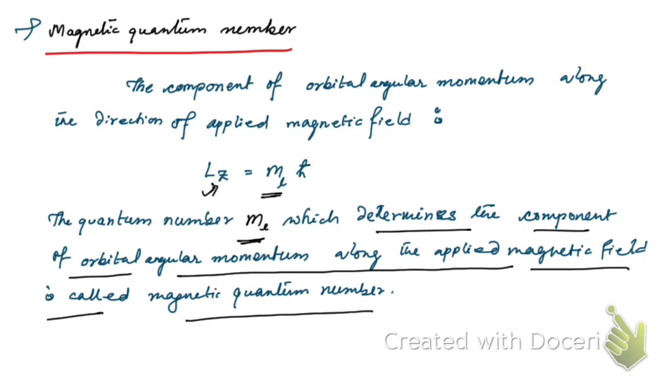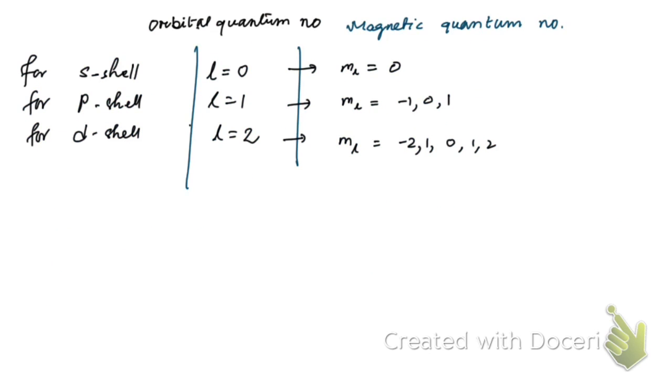Now let's see the quantum numbers for s, p and d shells. As I have already told you, these are the orbital quantum numbers. If you know them, you can find the magnetic quantum number very easily.